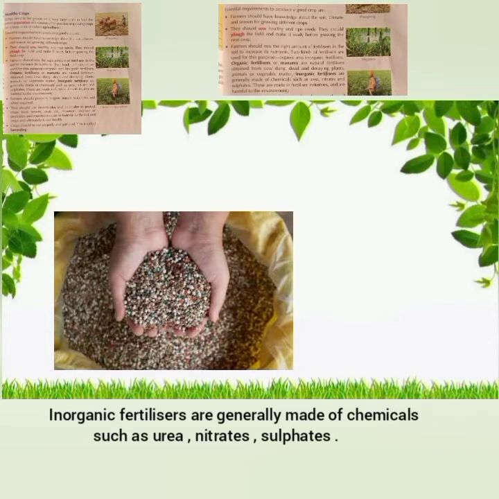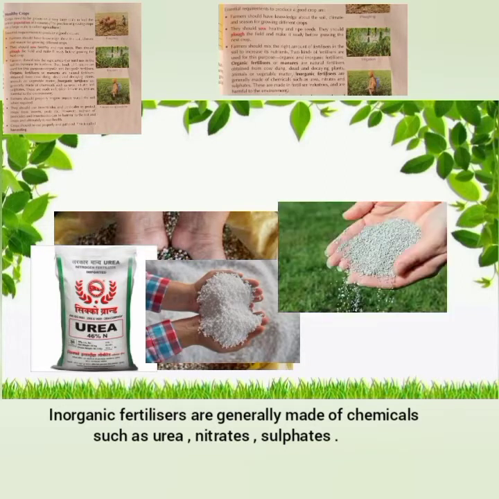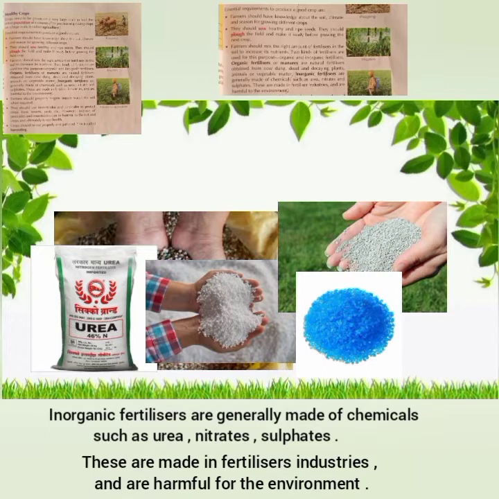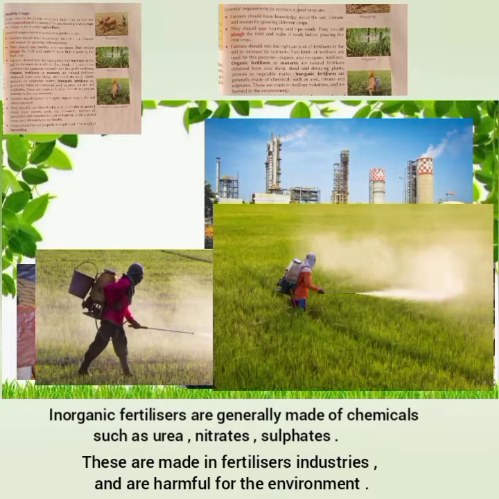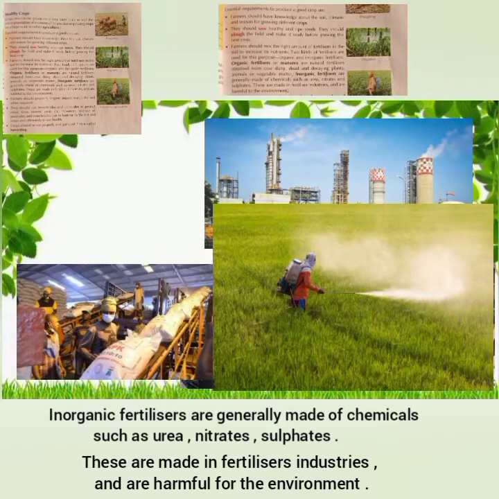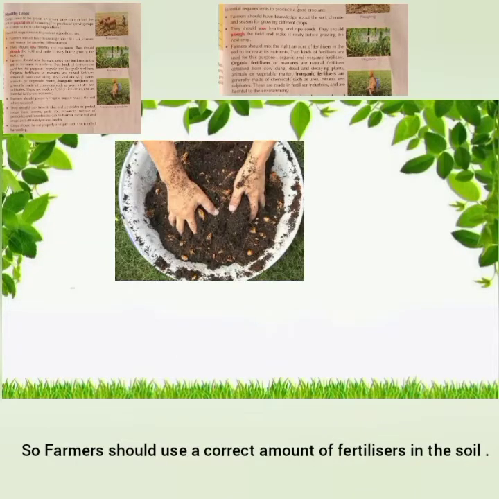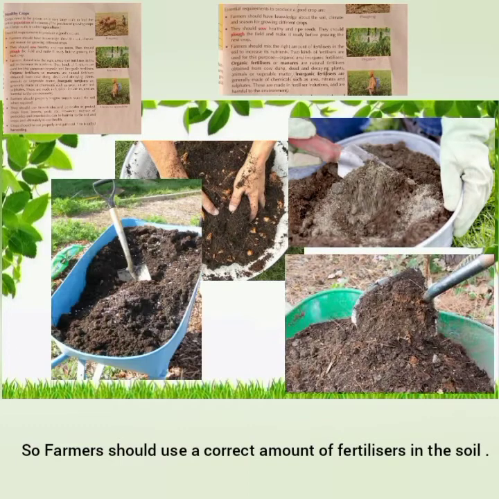Inorganic fertilizers are generally made of chemicals such as urea, nitrates, sulfates. These are made in fertilizer industries and are harmful for the environment. So, farmers should use a correct amount of fertilizers in the soil.